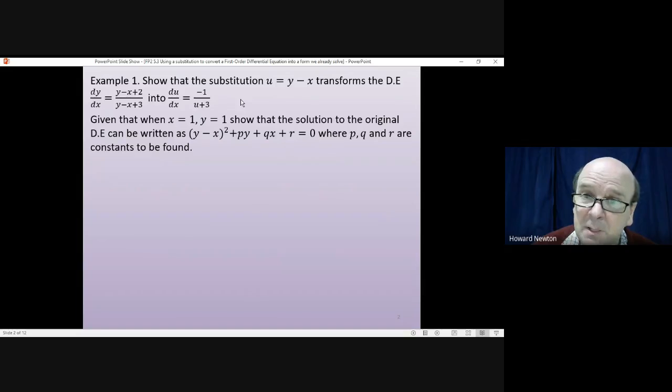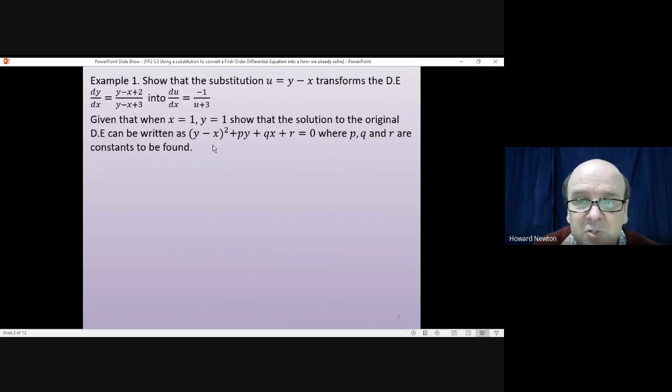So first step is using the substitution to change this differential equation into this one. Once we've done that, we'll then need to find the general solution of this differential equation. Once we've done that, we'll need to undo the substitution so that we have an equation which is in x and y. And then last of all, we'll need to find the particular solution when x equals 1 and y equals 1.